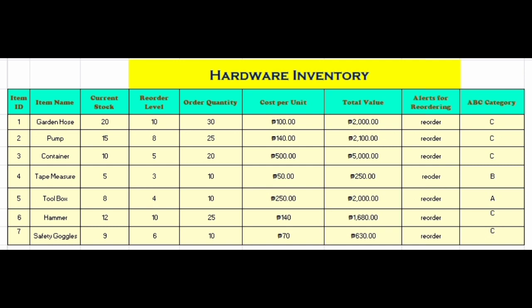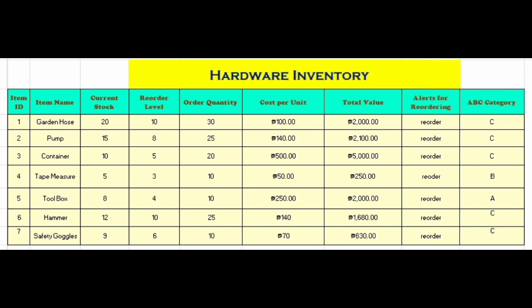I will give some specific examples, so let's take a closer look at a couple of items. In garden hose, we currently have 20 units in stock, and when multiplied by the cost per unit, 100 pesos, the total value is 2,000 pesos.